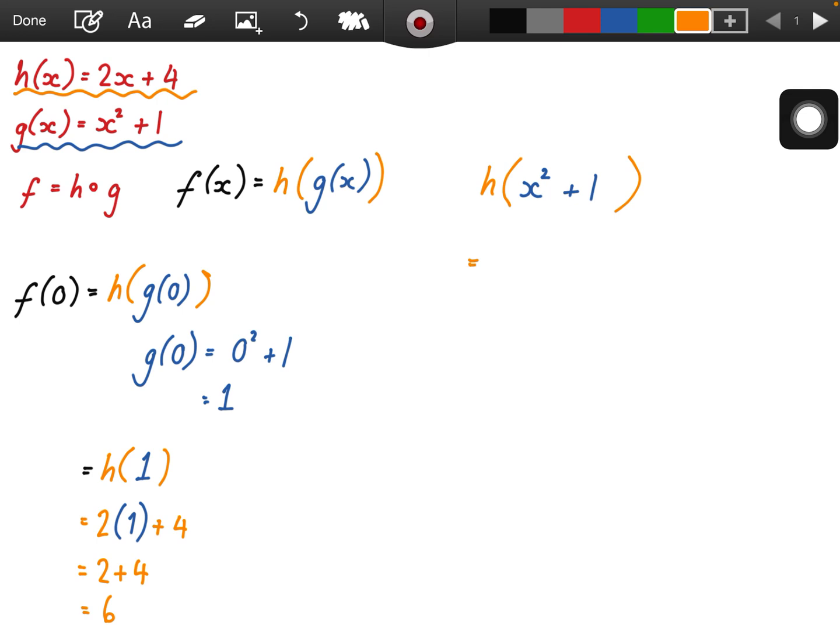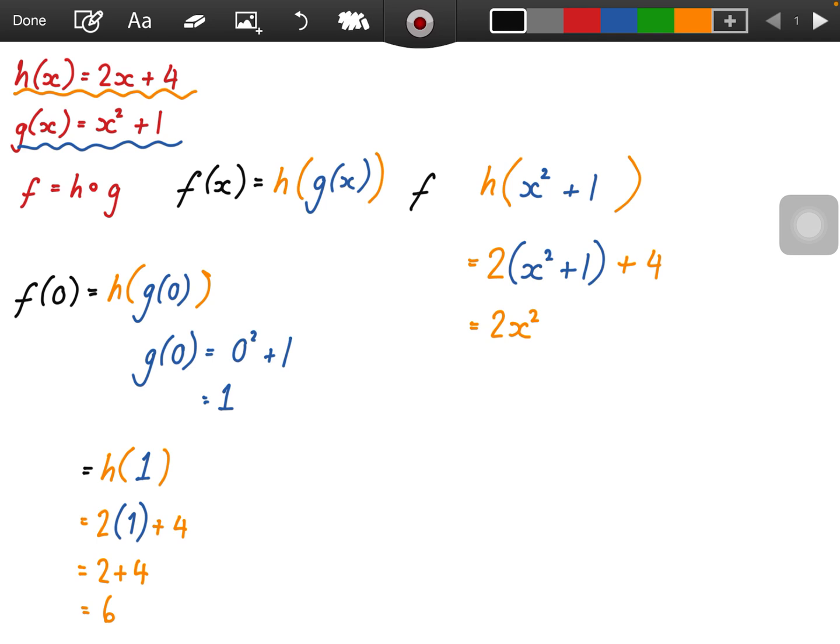So I am going to have 2 times (x squared plus 1) plus 4. So my function h with an input of x squared plus 1. If I do it out this way, I would get 2x squared plus 2 plus 4, which is 2x squared plus 6. So that is what f of x is equal to.